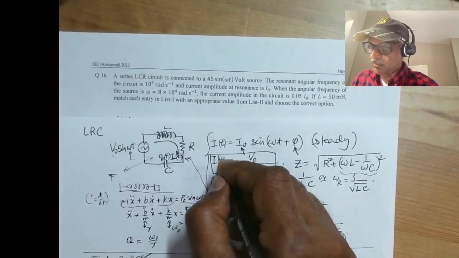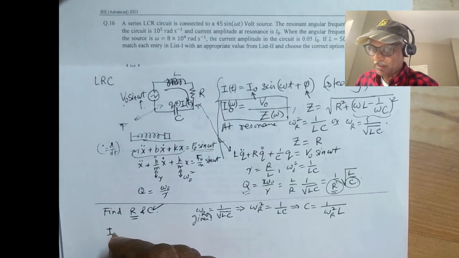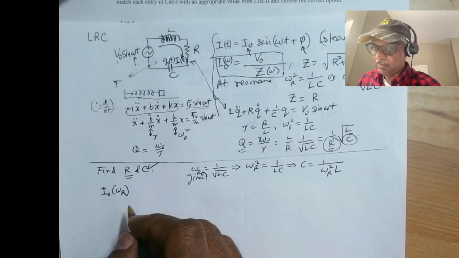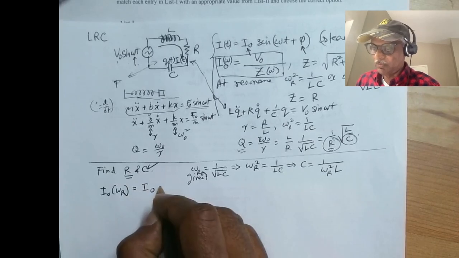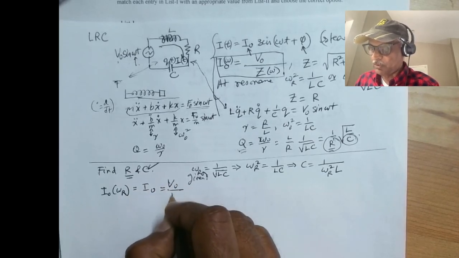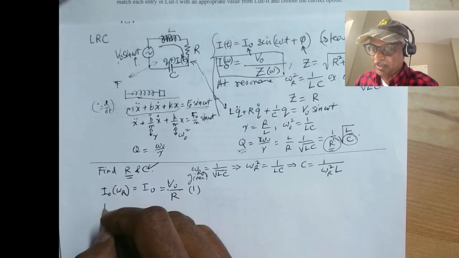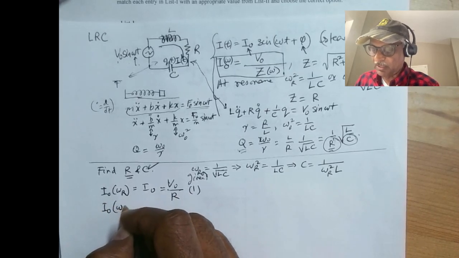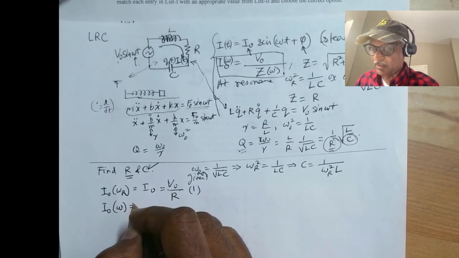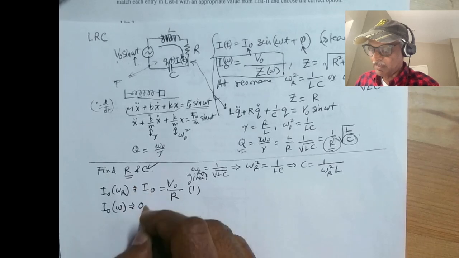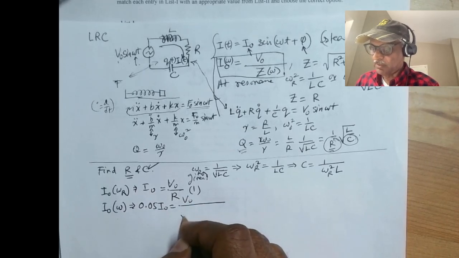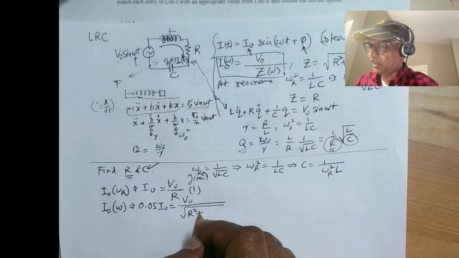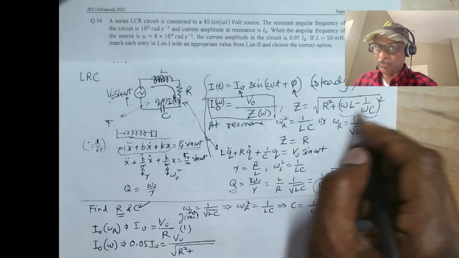So I0 at omega R is given; we are calling it I0, which is V0 over R. And I0 at omega is 0.05 times that, V0 over square root of R square plus this whole thing.